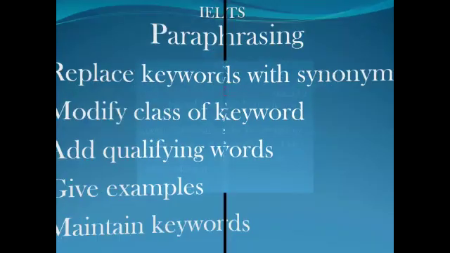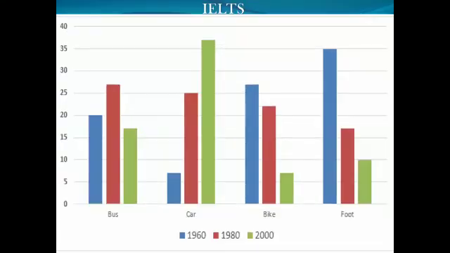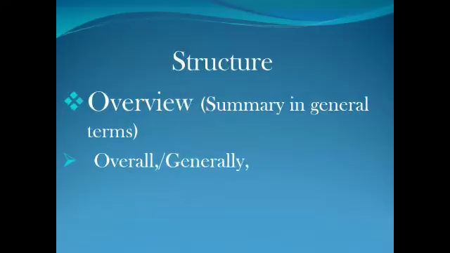The next part is the overview, and the overview focuses on giving a summary of the information in general terms. It summarizes the entire information that you have in general terms, which means that it leaves out all the details, all the specifics at this point. The overview doesn't include specifics and details.